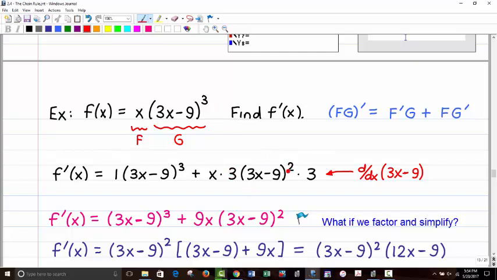You would change that exponent to 2, and the derivative of the inside, 3x minus 9, would be 3, where I wrote that out to the right. So I could tidy that up and make 3 times x be 9x.